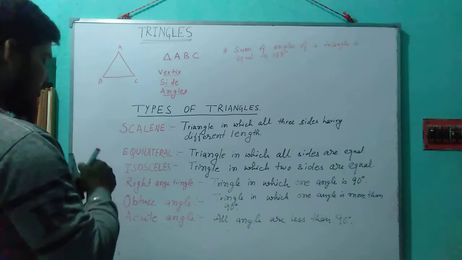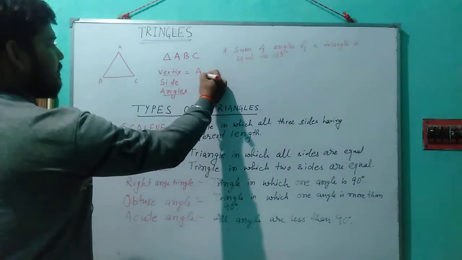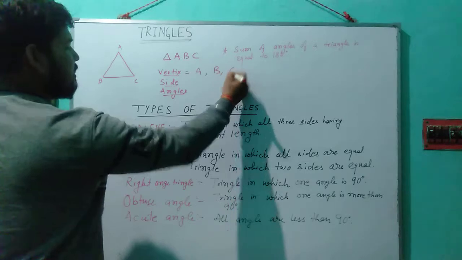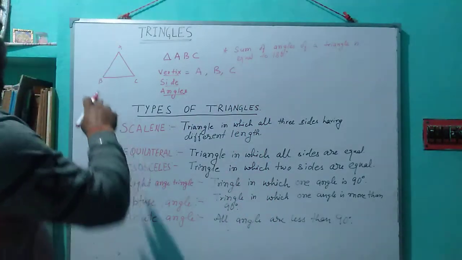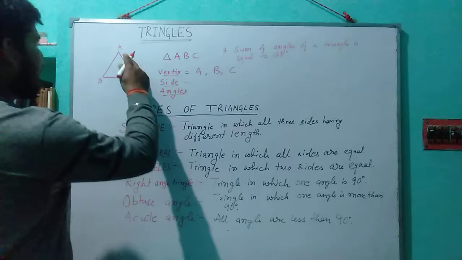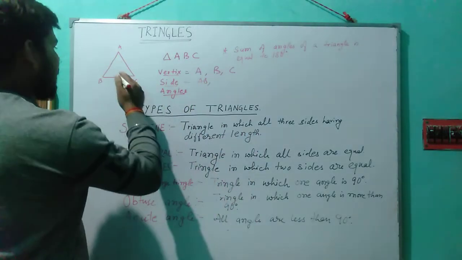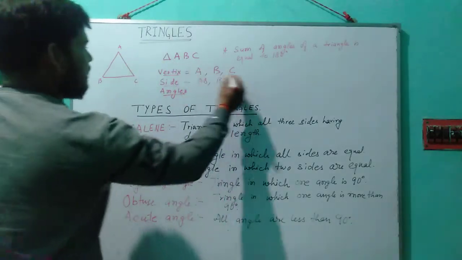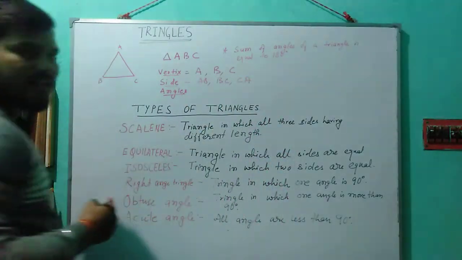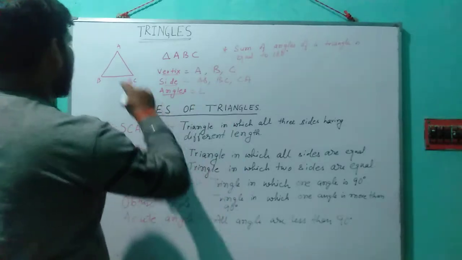What are the vertices? Vertices are point A, B and C. Right? And sides are side AB, BC and CA. These are the sides. And angles are angle A.